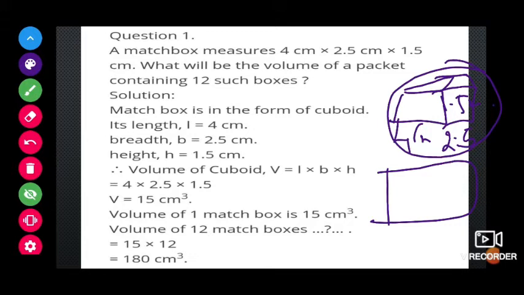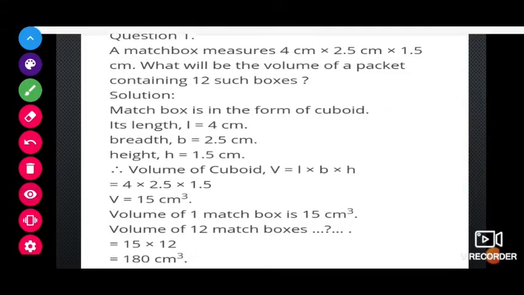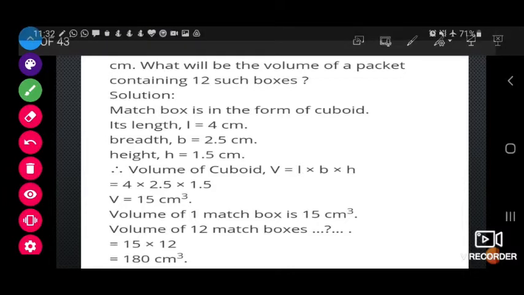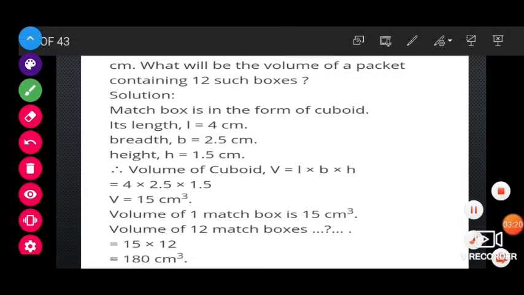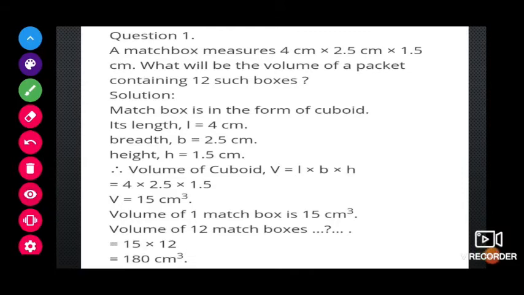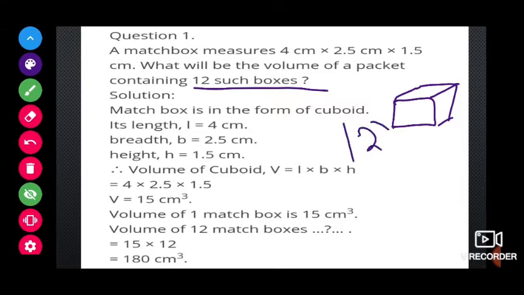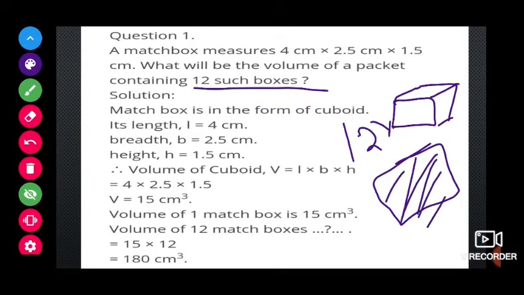Children, here we first find the volume of a small matchbox, and then multiply it by 12, because the packet contains 12 such boxes. Then we will get the total volume of the 12 boxes kept in that box.